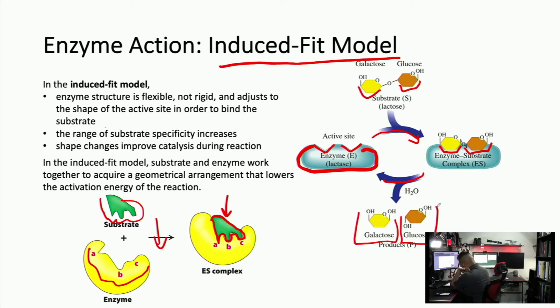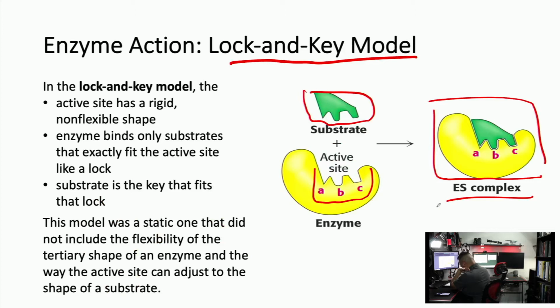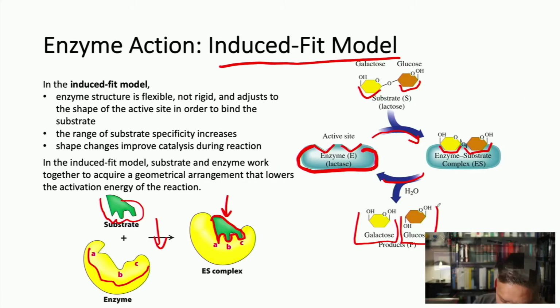So that's important. Before, we had the lock and key model, where the substrate shape is opposite the shape inside the enzyme, and it fits perfectly. There's no movement there. But in the induced fit model, the substrate comes closer to the enzyme, basically activating it, through the different non-covalent interactions that we spoke of before.